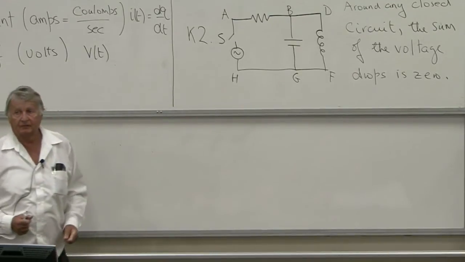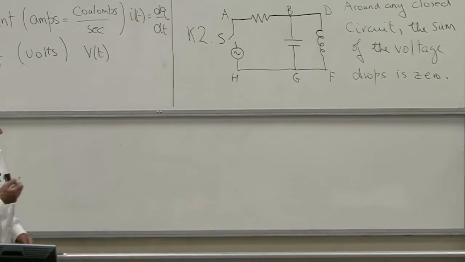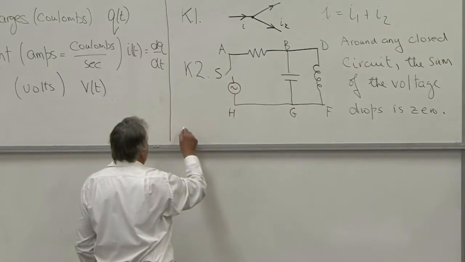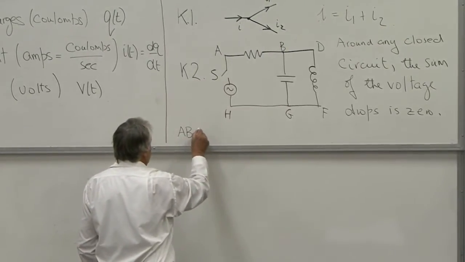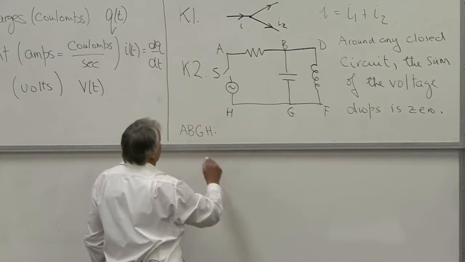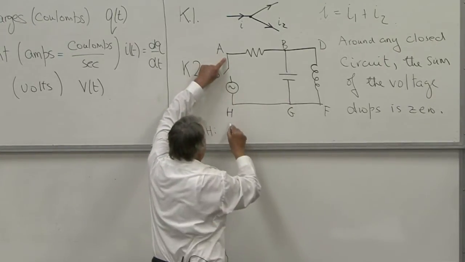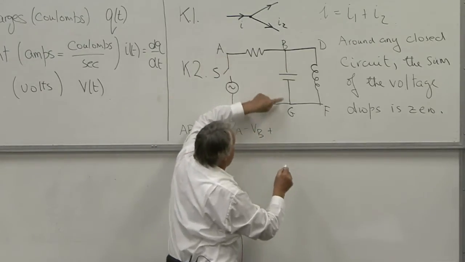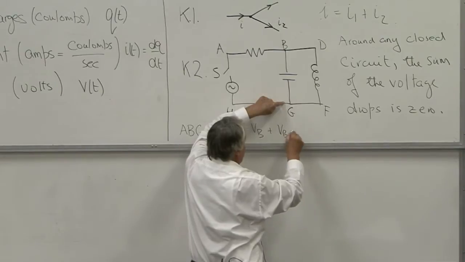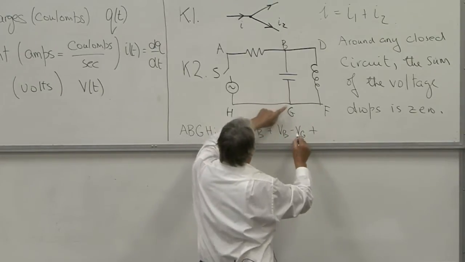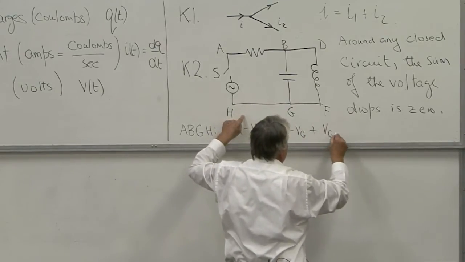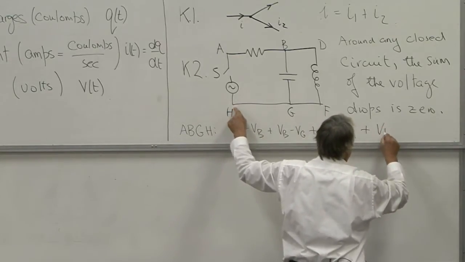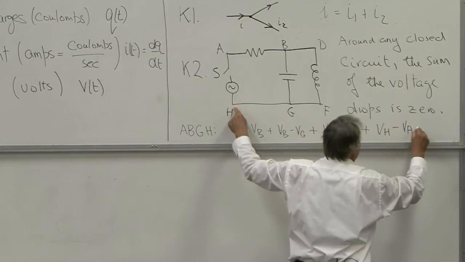So, I'll give you an example. For instance, take the circuit ABGH. VA minus VB plus VB minus VG plus VG minus VH plus VH minus VA has to be zero.